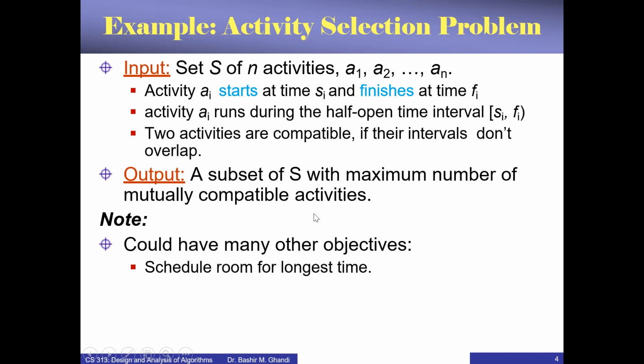That could be another objective, but that's not the objective in this particular case. Here, if you choose this longest time, even if you have one activity that will take the whole day, then that is the one you choose, rather than choosing small activities that will take only half an hour and so on, and overall you use very little time. This is the difference between this objective and the one we have stated here.